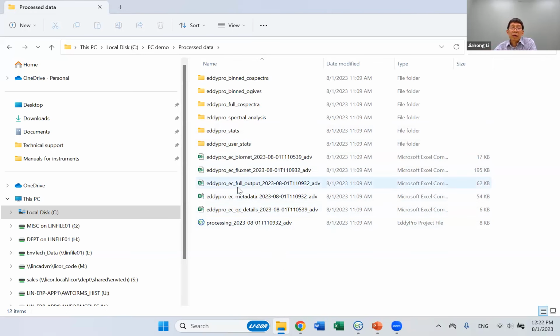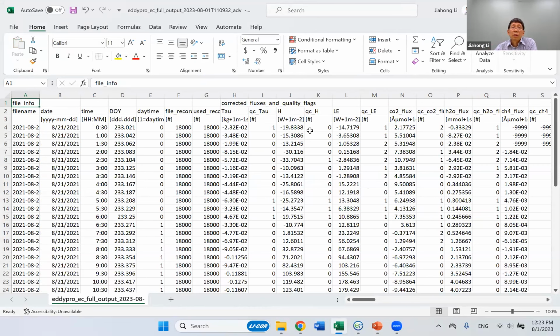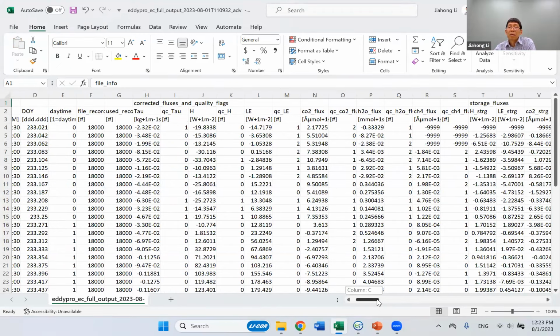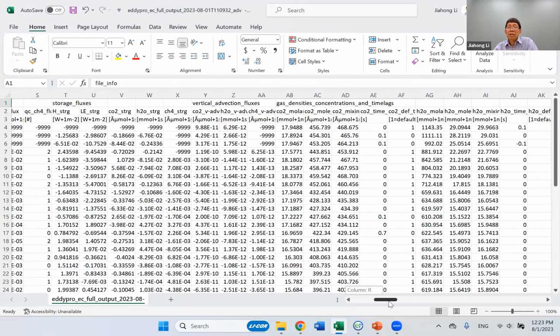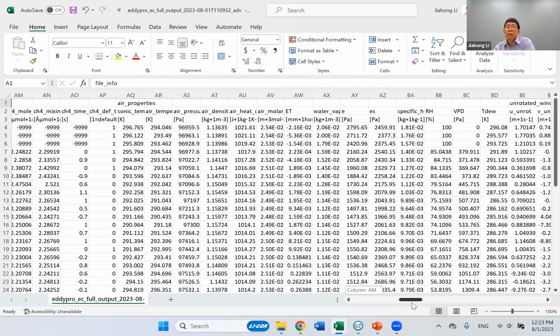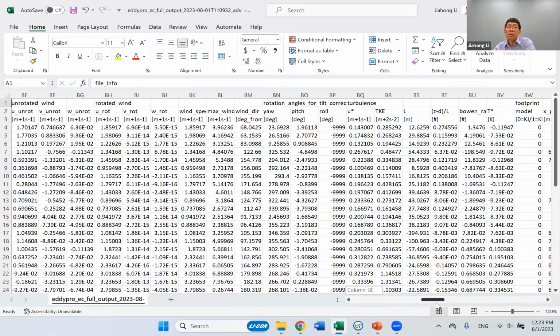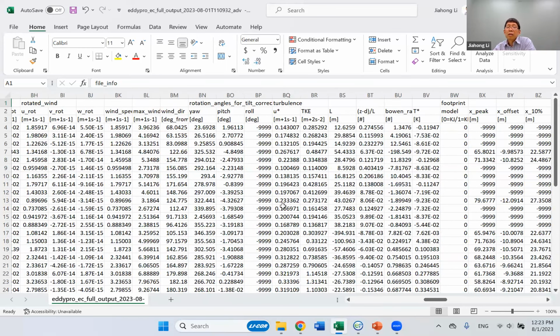Let's just take a quick look at the output file here. Here we have the fully processed flux results and their quality flags. The gas densities and even the time lag we talked about, air properties, and the rotated wind speed, also u star, the friction velocity, that is very important for post-data processing, and others.